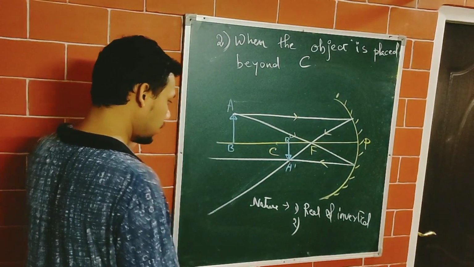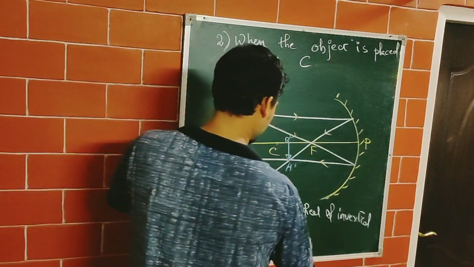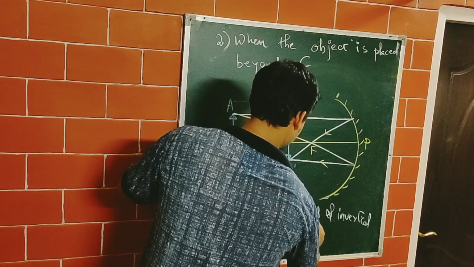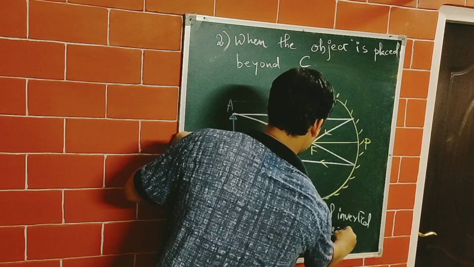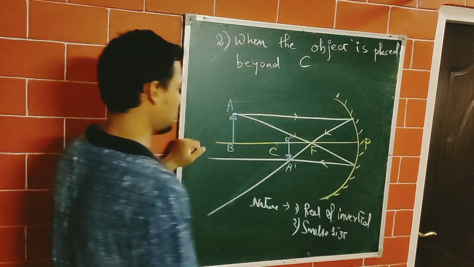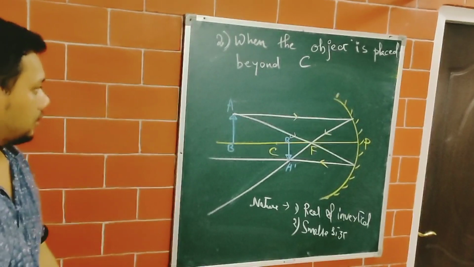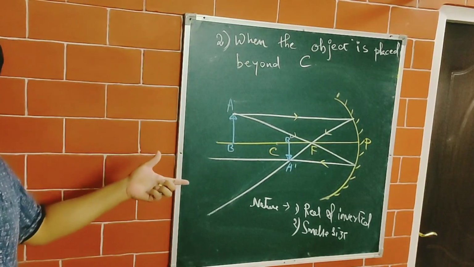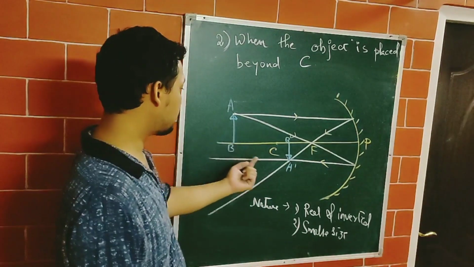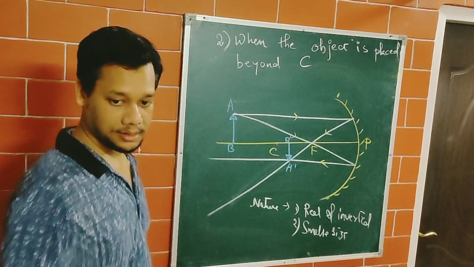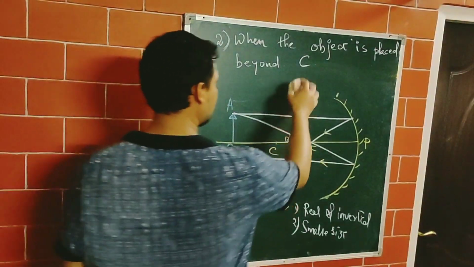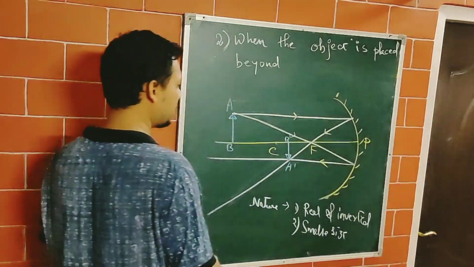So, smaller size. This is the ray diagram for concave mirror where the object is placed beyond C. Next we will see when the object is placed at C. This you have to draw very carefully.